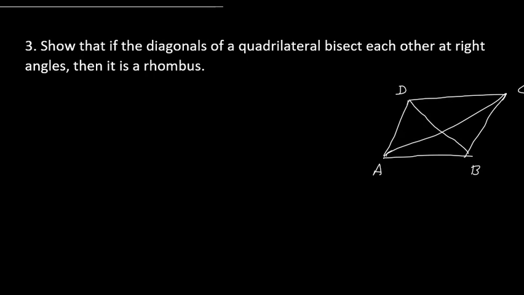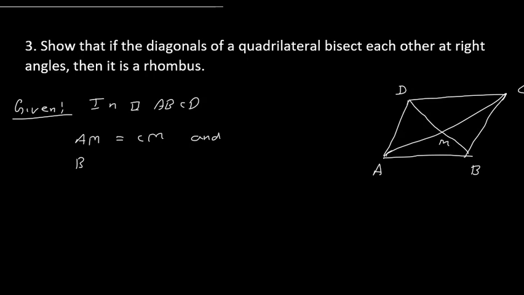Now here, what is given? Given, in quadrilateral ABCD, the diagonals are bisecting each other at point M. In quadrilateral ABCD, we are given that AM equals CM and BM equals DM, and also we are given that AC is perpendicular to BD.